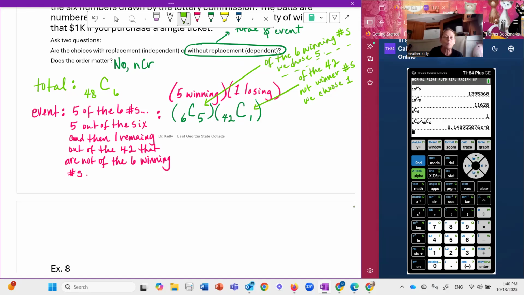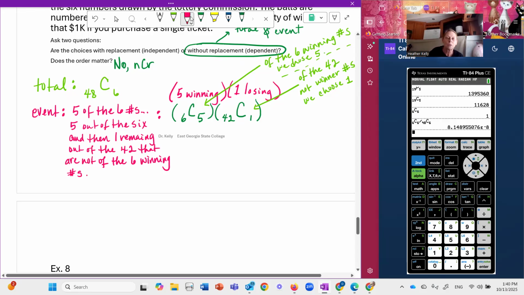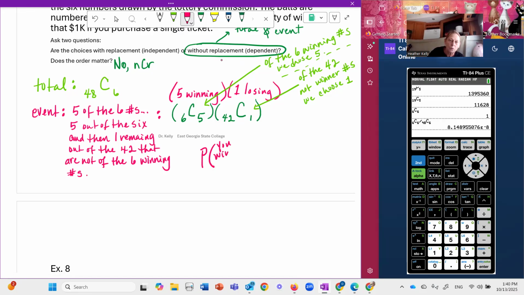Anyway, here we go, final kahuna. Finally, we're looking at the probability that you win $1K, which is getting 5 of 6 numbers.